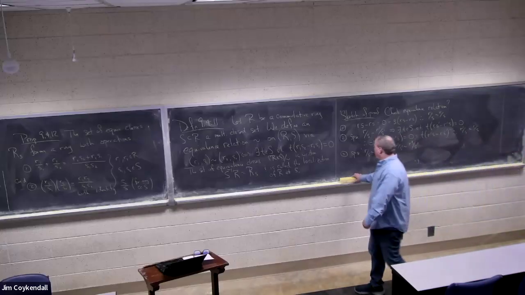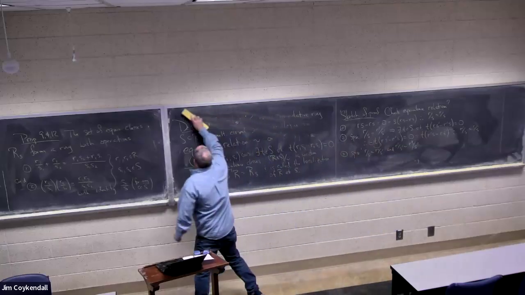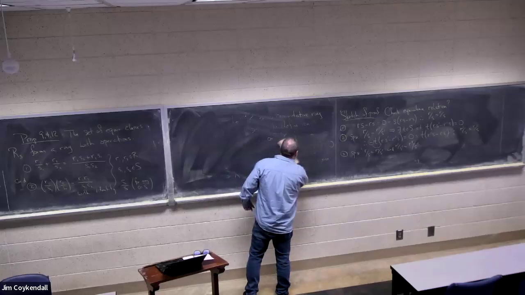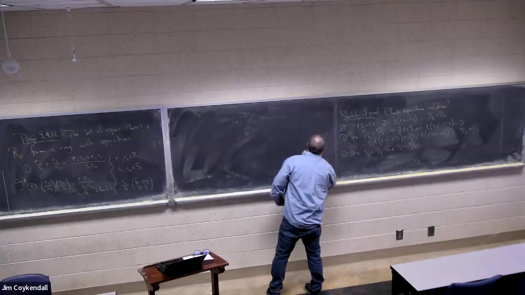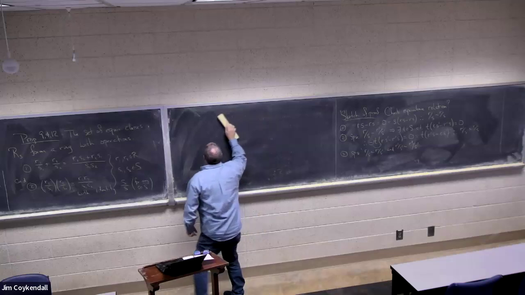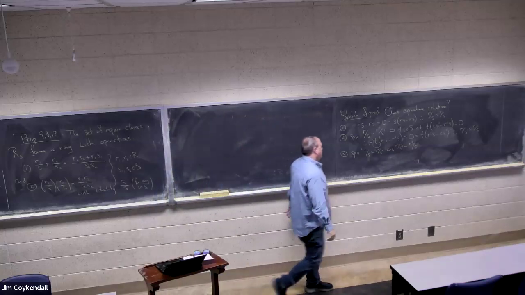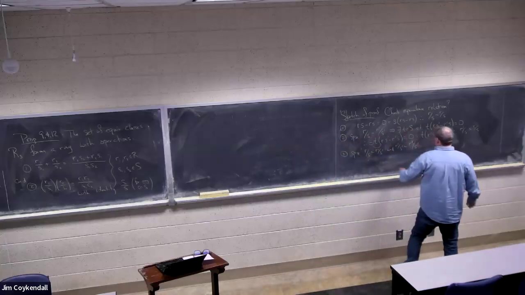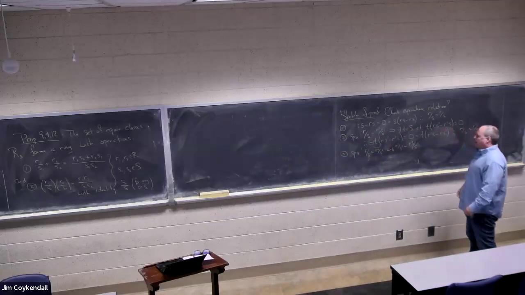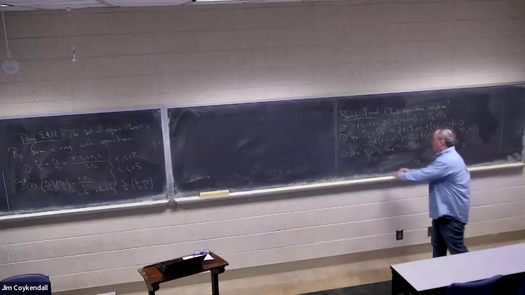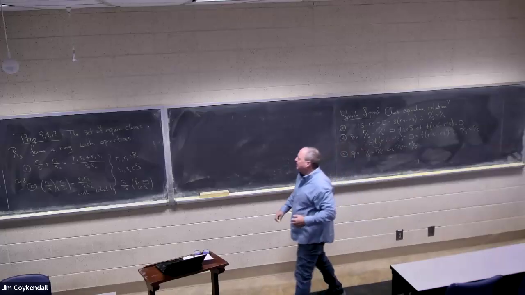So let's kind of go through this here. We need to show that R over S is equivalent to R double prime over the rest of it. Right? So let's write down what all this business means.